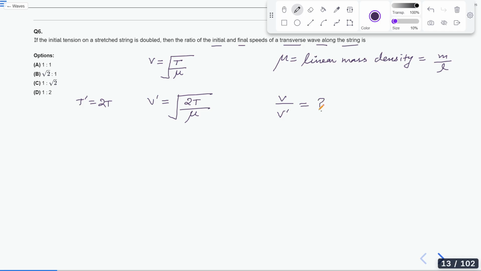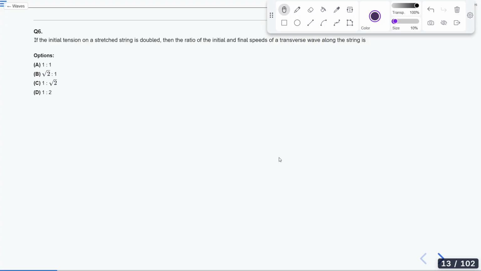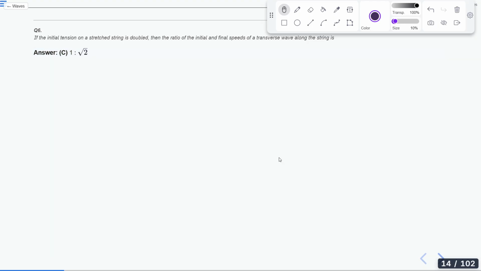What is the ratio? Okay, option C. So C option is the correct option.